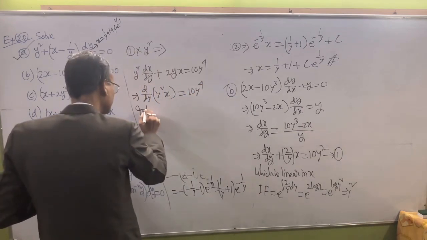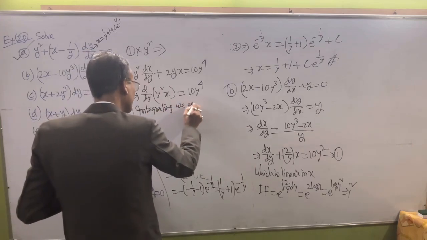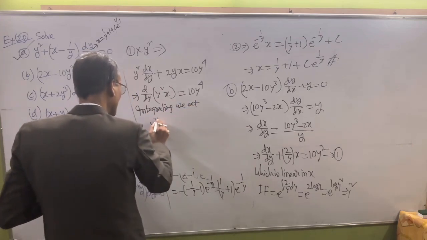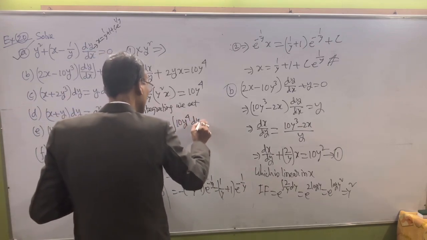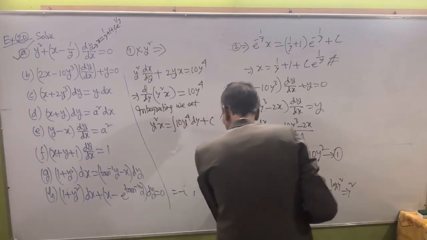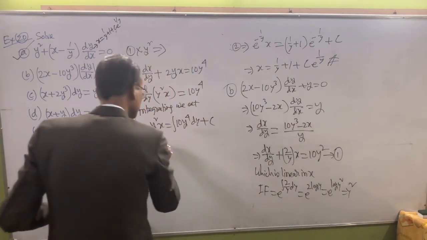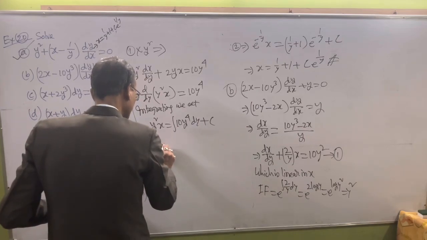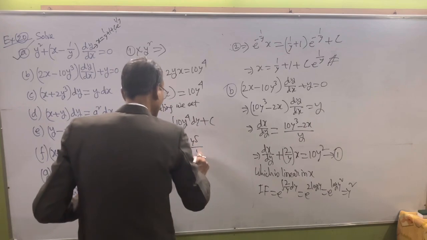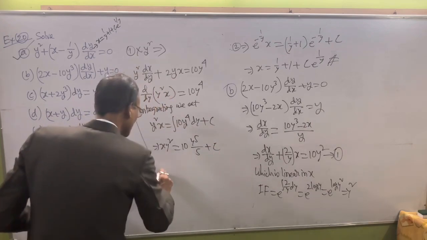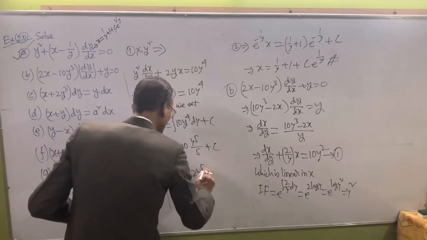Integrating we get y square x equal to integral of 10 y to the power 4 dy plus c. This means x y square equal to 10 y to the power 5 by 5 plus c, or x y square equal to twice y to the power 5 plus c.